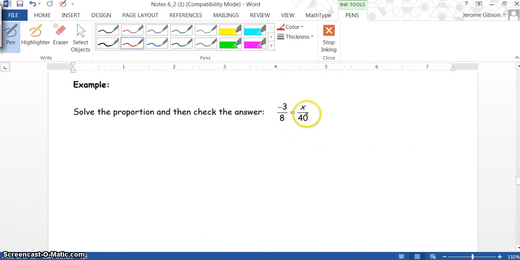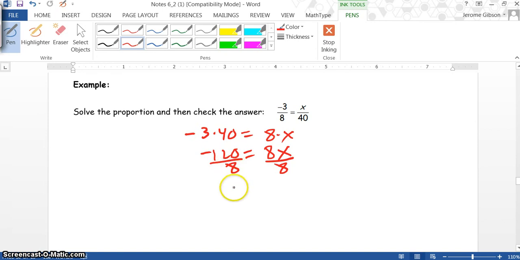Now we move on to the next problem. We do our cross multiplication. Negative 3 times 40 will give us negative 120 is equal to 8 times x, which is 8x. Now we'll divide each side by 8. Negative 120 divided by 8 should give us negative 15, which is x.